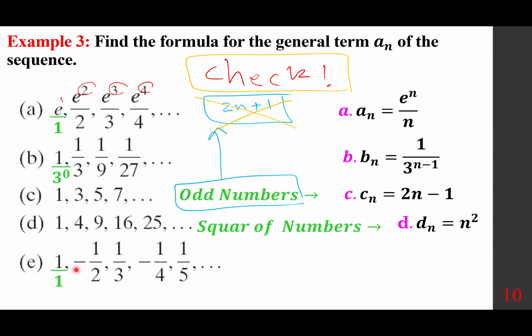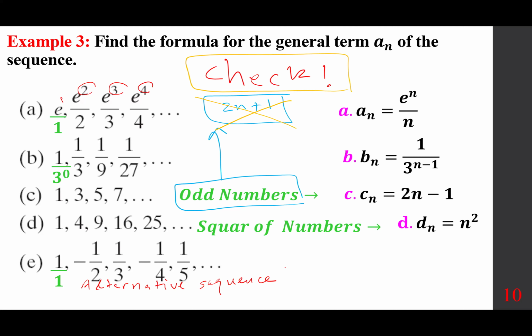This is positive, this is negative. This is positive, this is negative. So they alternate in sign. It's called an alternating sequence.